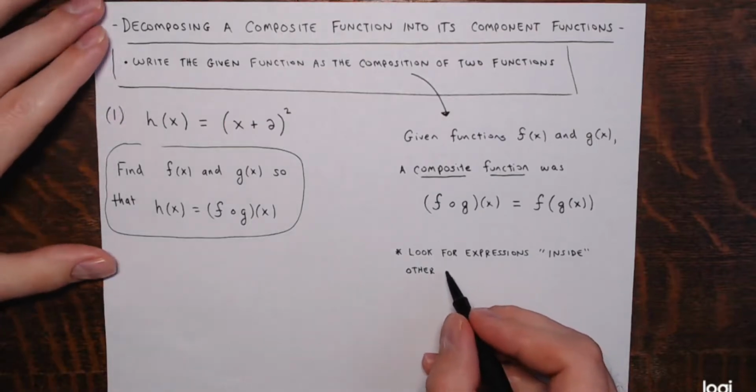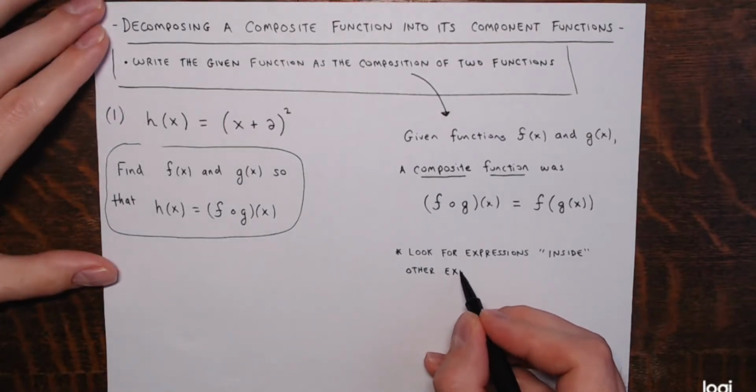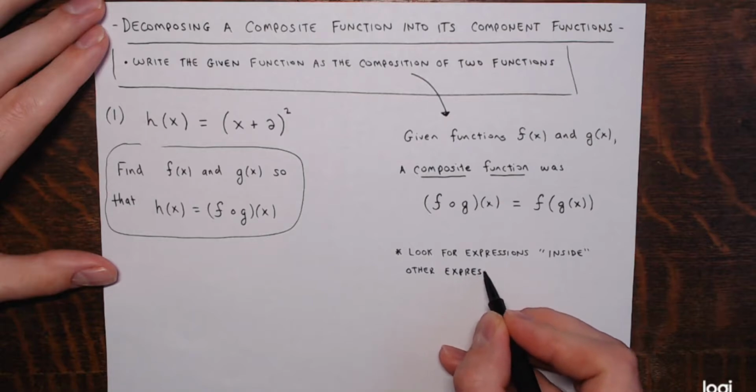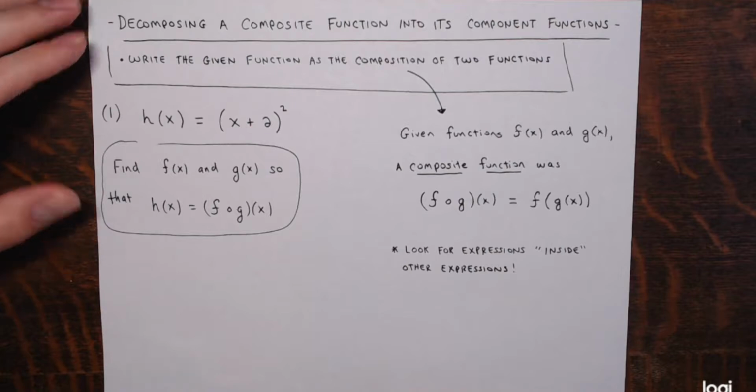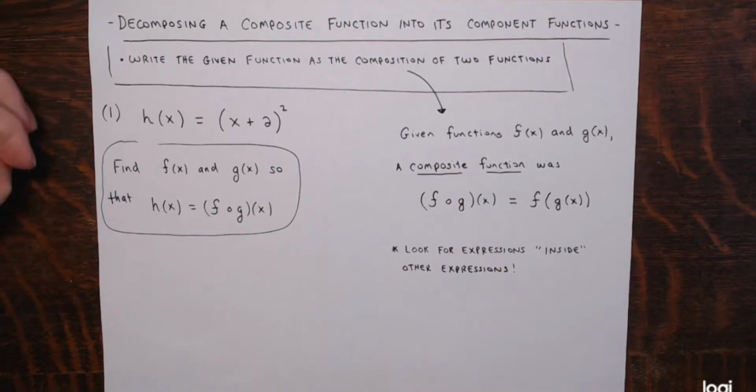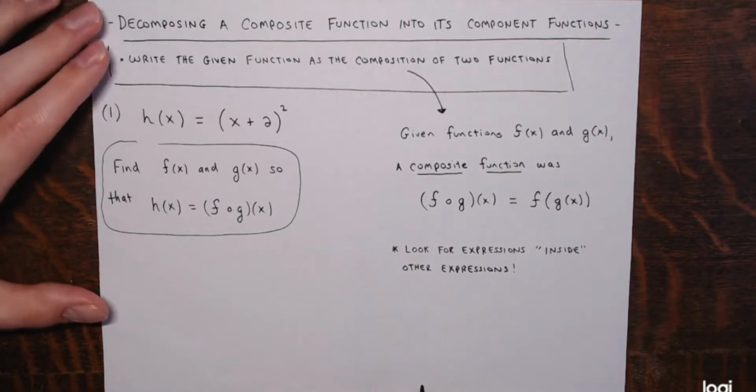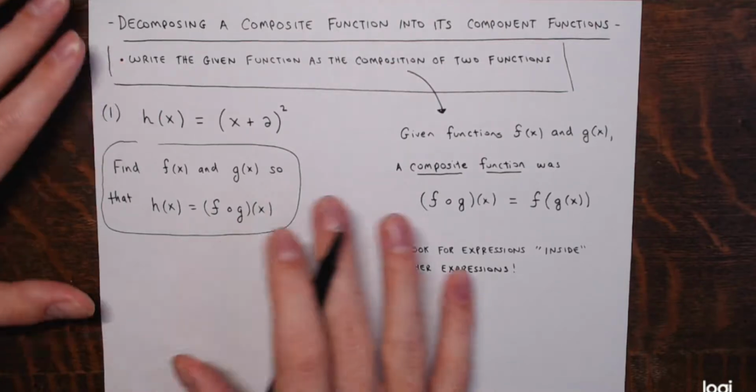This will be the key to most of these. And if you can decompose a composite function pretty well, it's going to make a world of difference when you start taking a calculus course and learn about something called the chain rule for derivatives. But I'm not going to get into that. We're just going to talk about breaking this up.